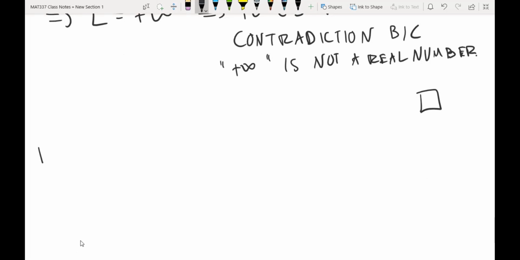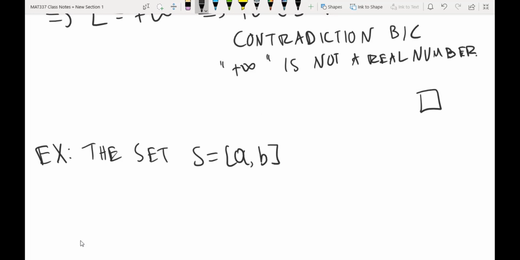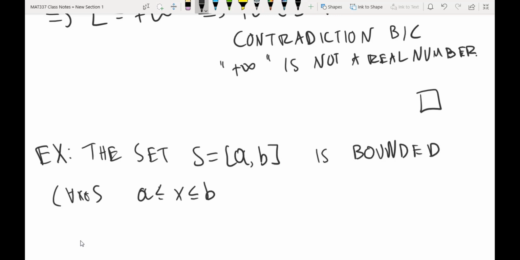So let's come back to the examples to see how quickly we can get them. The set S is bounded. That's true because indeed for all x in S, we have bounds from top and below, and it is closed because it contains its boundary.